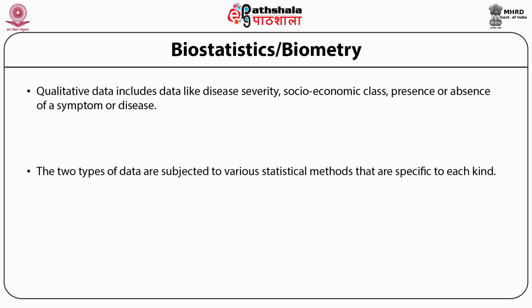The two types of data are subjected to various statistical methods that are specific to each kind, which means that we have different sets of statistical tools which are used to analyze the quantitative and qualitative data.